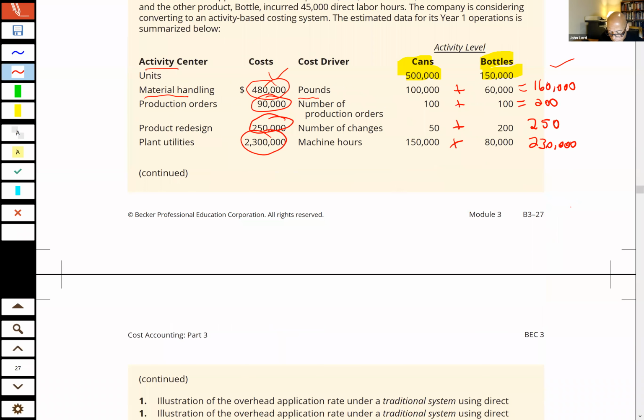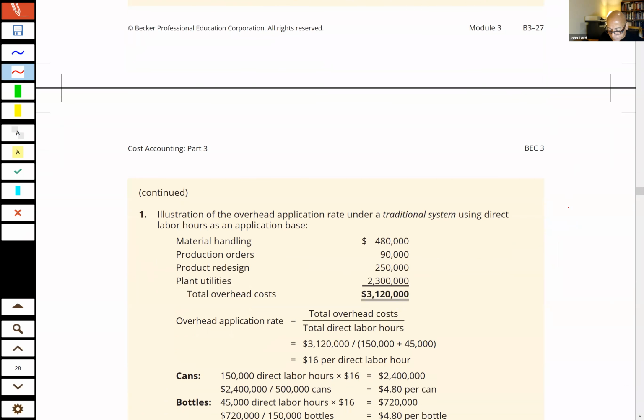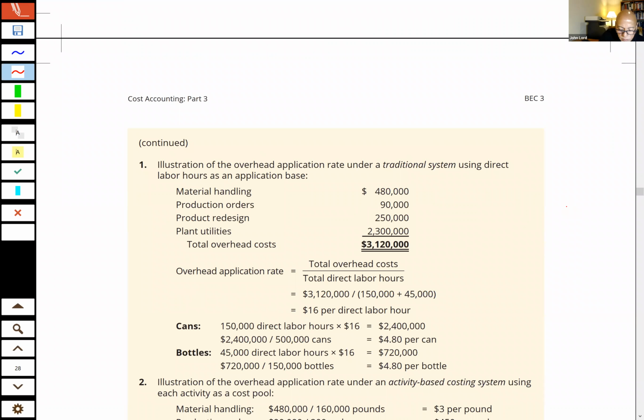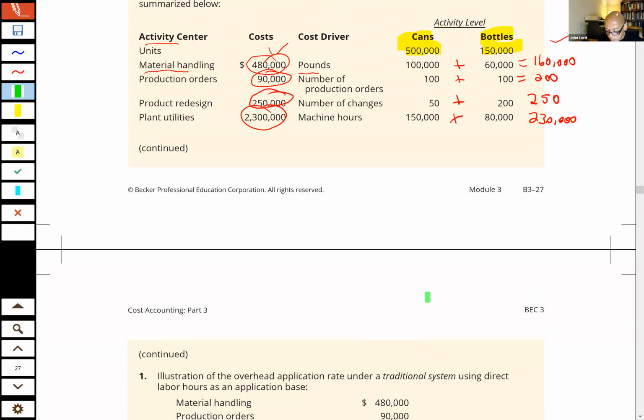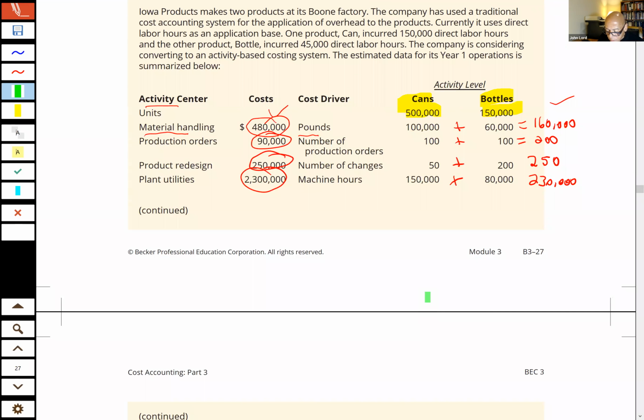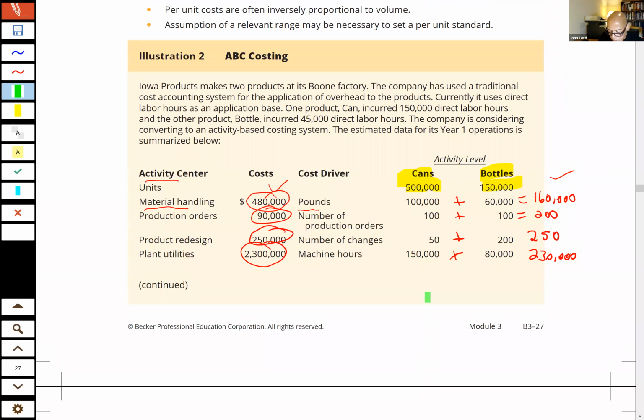So you come over and, well, first they show us, let's just look at traditional, which we've been looking at, the total divided by what? Divided, and if you use direct labor hours as your total, the direct labor hours are 150,000 plus 45,000, which they gave us.